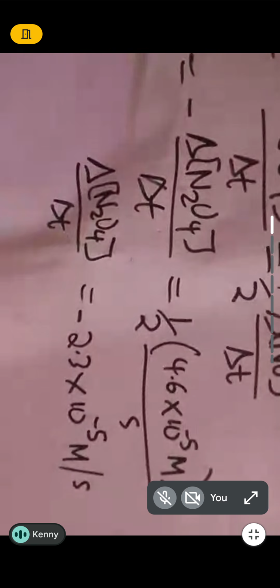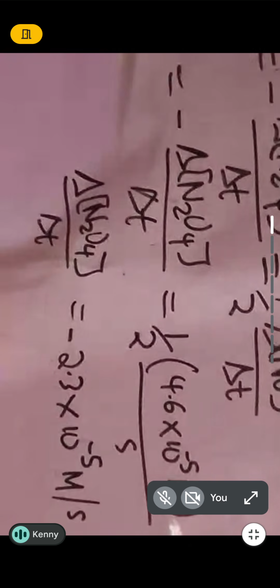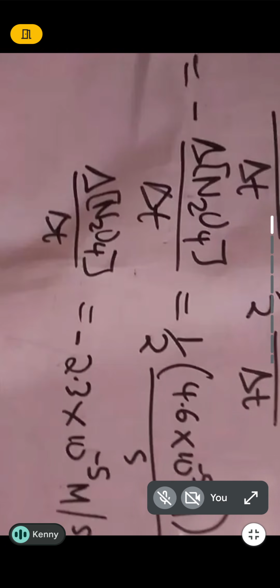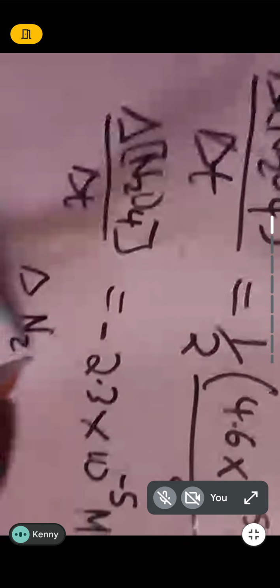over delta T, which is the rate, equal to negative that. But it is customary to write rate as a positive quantity. So we write this rate, delta N2O4 over delta T, as equal to 2.3 times 10 to the power negative 5 molar per second, as a positive quantity.